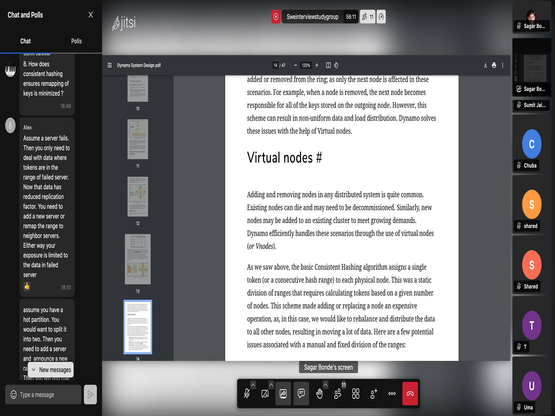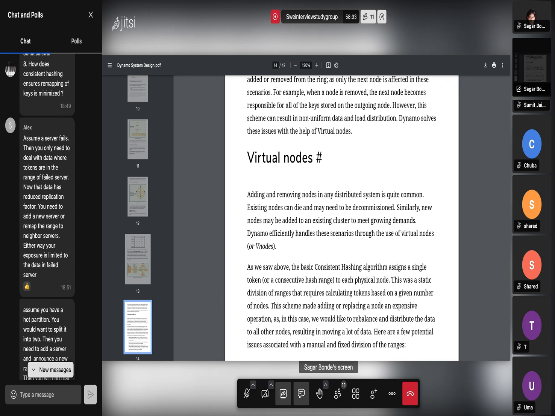This was a static division of ranges that requires calculating tokens based on a given number of nodes.